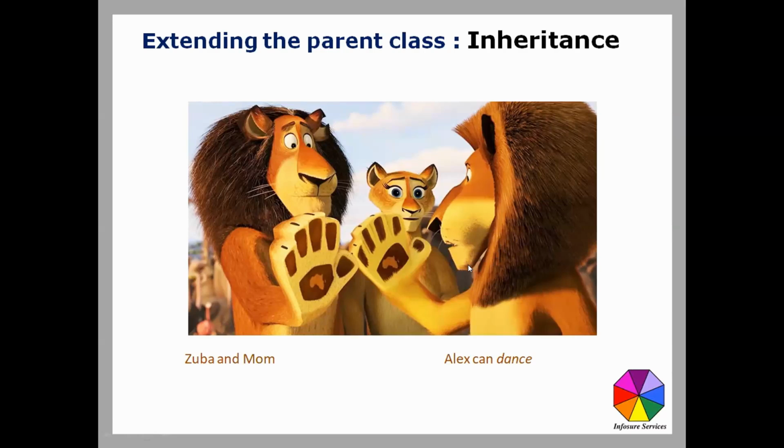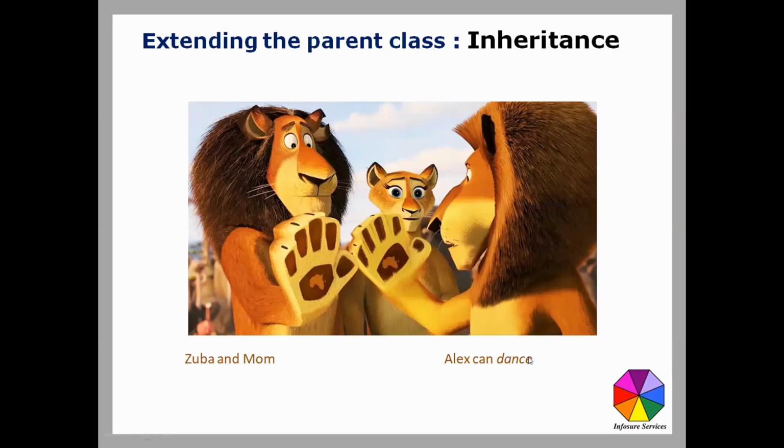Whereas when Alex discovers that he's got the same properties, he finds his parents. So this is one moment in the movie. What I'm trying to say is the properties of the child class can be different from the properties of the parent class as well. So you can have some methods which are new in the child class.